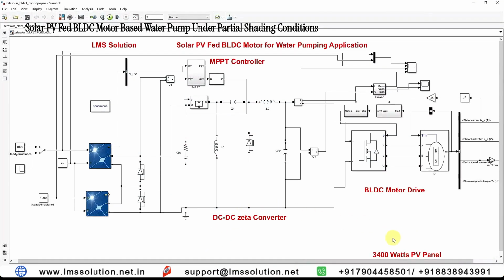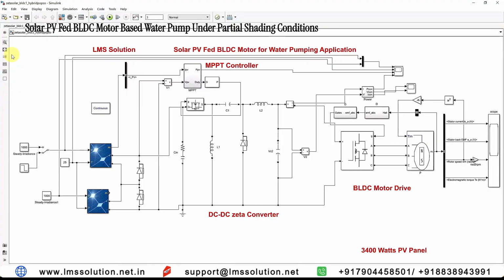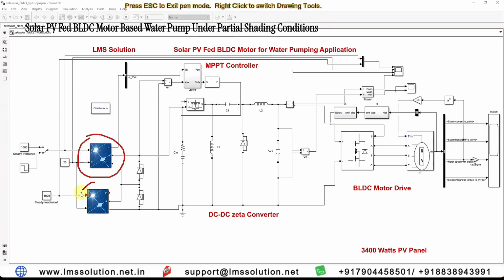This is the simulation model developed for the solar PV fed BLDC motor for water pumping application under partial shading condition. To create the partial shading condition, we have two PV panels, both connected in series. Each panel is rated at around 1700 watts. Both PV panels are at a constant temperature of around 25 degrees Celsius.